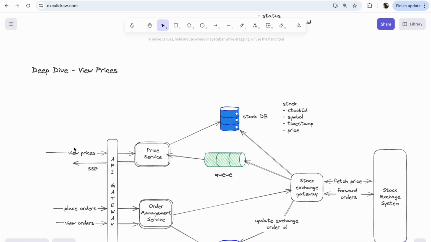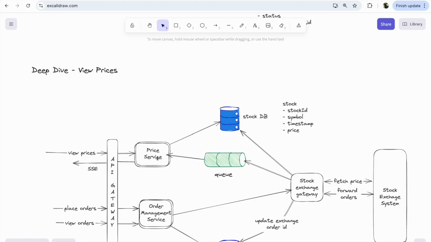Let's say the user is on the search page. To get the real-time price change updates, one thing the client can do is periodically poll the service. One of the problems here is that the client has to poll again and again.